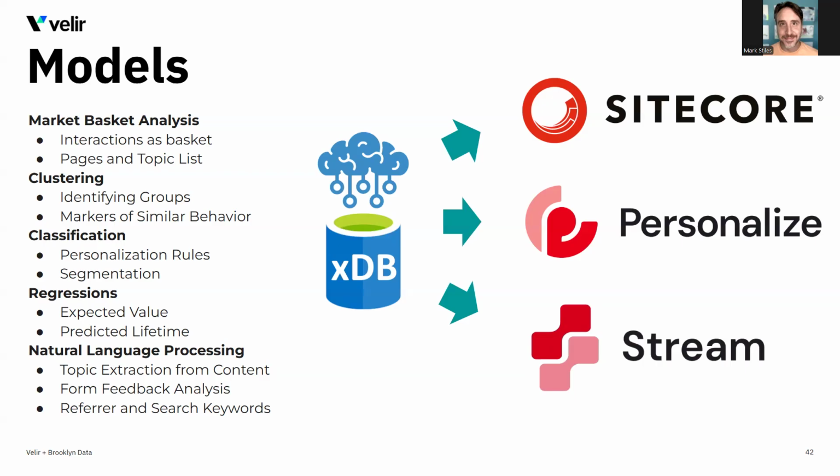And natural language processing: if you didn't notice the search keywords, the content itself and topics, there's so much text that could be analyzed, like form feedback and things from social media. You could really start to dig in on what people thought of your product or your experience on your website, what trouble they were having trying to do certain things, or what kind of content was related.